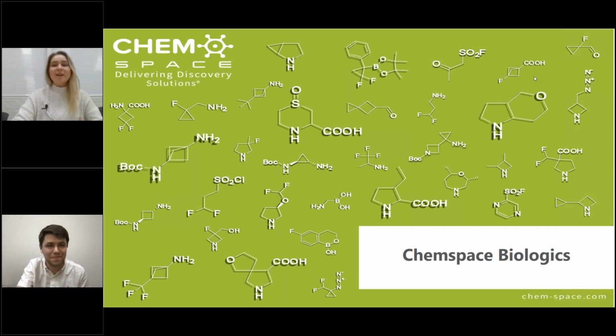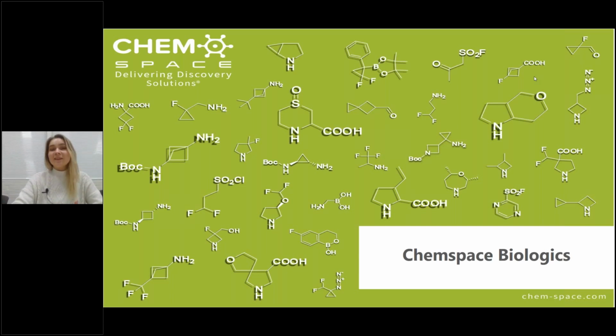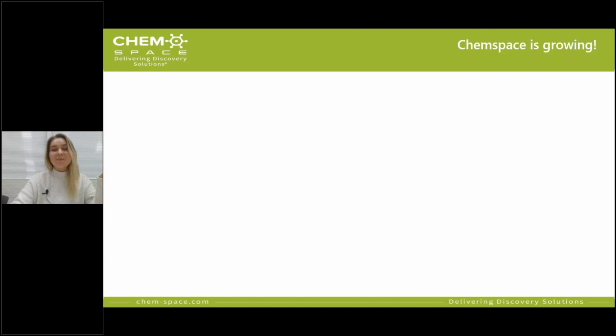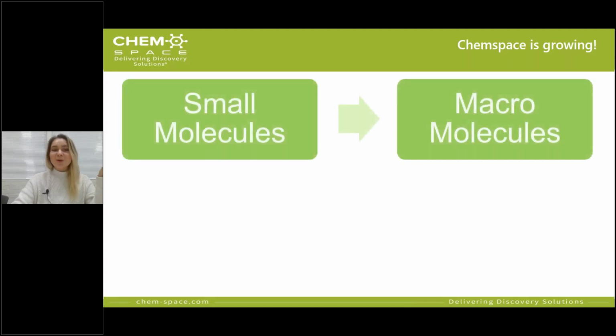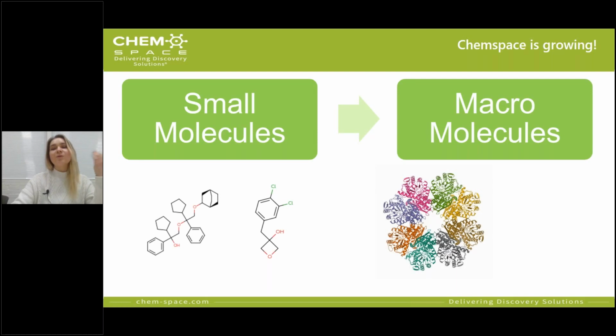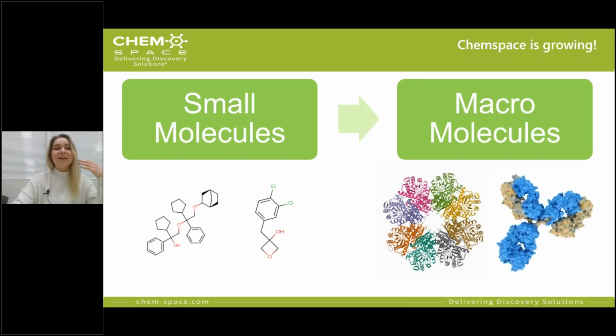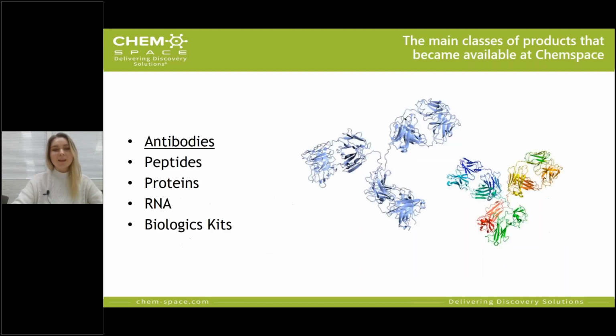Okay, great. So I think you all know Chemspace as the largest marketplace of small molecules. But now we are growing. Besides small molecules, we now have searchable at Chemspace also macromolecules like proteins, antibodies, peptides, and also biological kits.